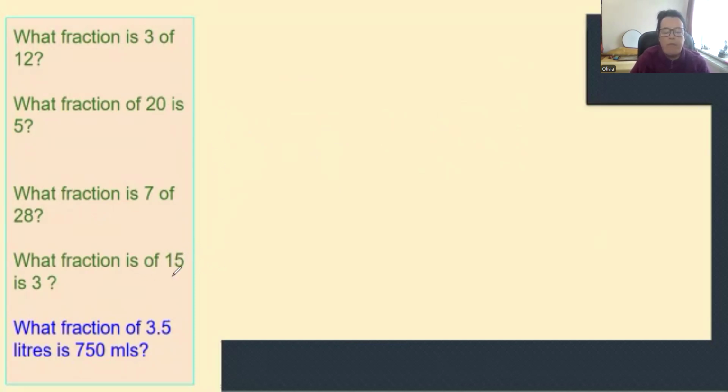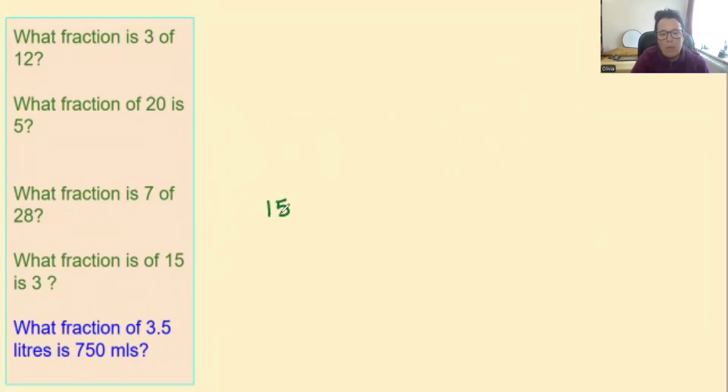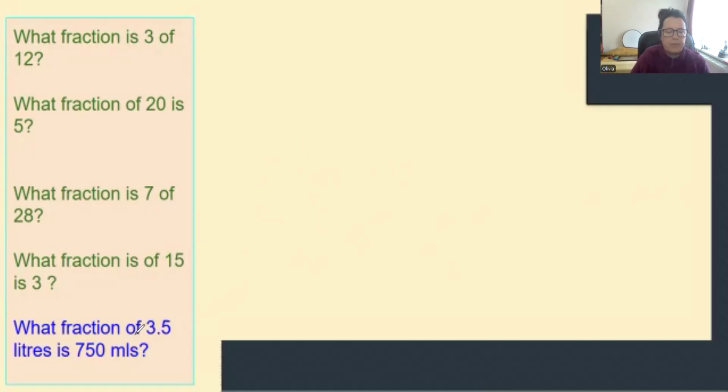What fraction of 15 is 3? So what's our total? Our total is 15. Our bar model would be broken up into 15 parts. What fraction is 3 out of 15? Or what fraction of 15 is 3? Again, simplifying it by 3, our answer is 1/5.